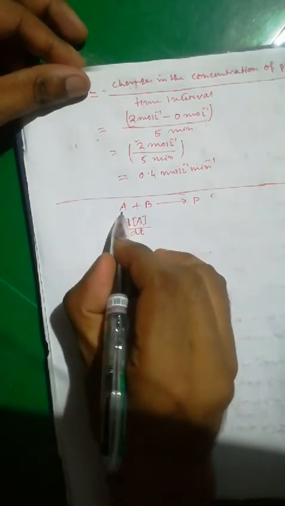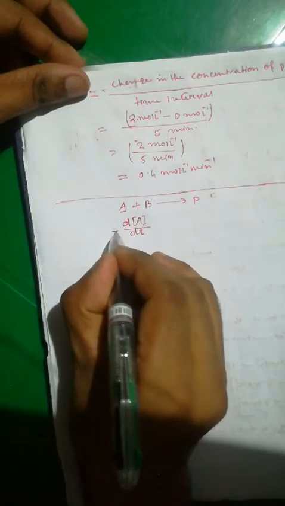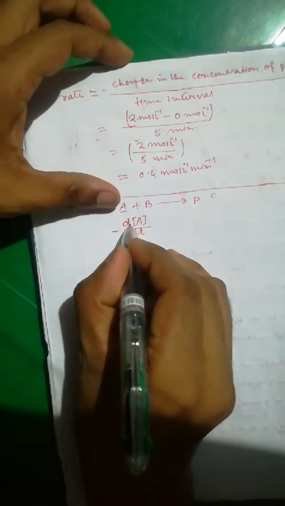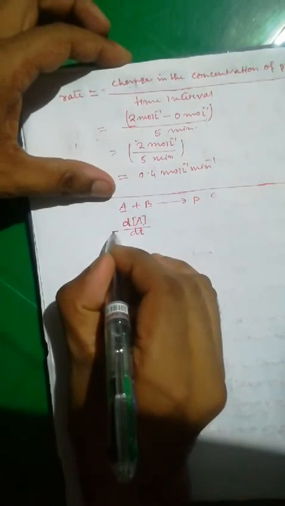But since A is the reactant, this change of concentration of A will be negative. So for this, we will have to put a negative sign here, so that this negative and this change in concentration, which will be negative, multiplied together will give you a positive value. So in terms of reactant, we have to put the negative sign over here.